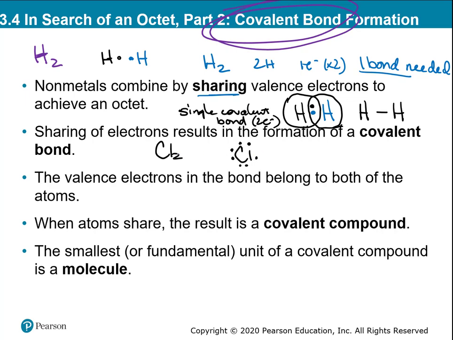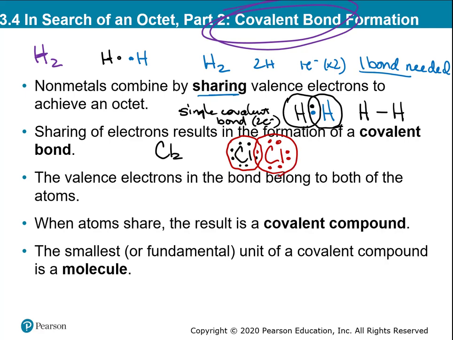So the other chlorine, which also has 7, will need to share the extra electron. That one electron that's not paired gets shared, placed between the 2 chlorines, and this creates the octet. See how this chlorine now can behave as if it has 8, and this chlorine can behave as if it has 8.